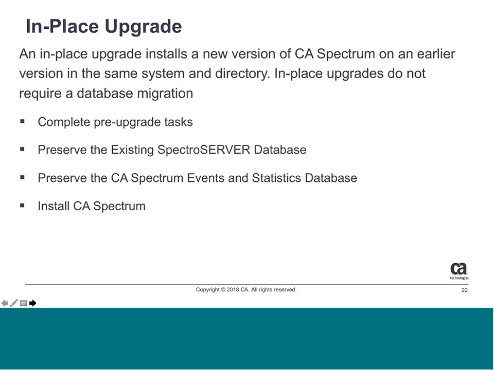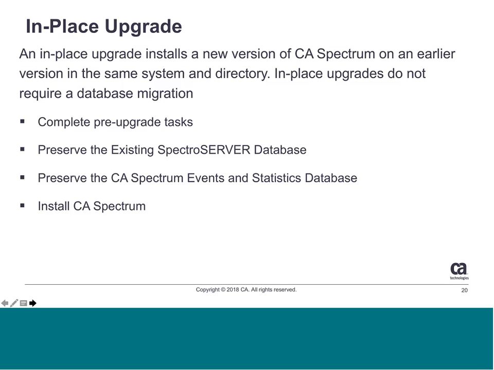Now, let's talk about the upgrade procedures as such. We can have an in-place upgrade. Now, what is an in-place upgrade? An in-place upgrade installs a new version of Spectrum over an earlier version in the same system and directory, and you don't require a database migration. The steps that I'm talking about here are included in our documentation specifically about the in-place upgrades.